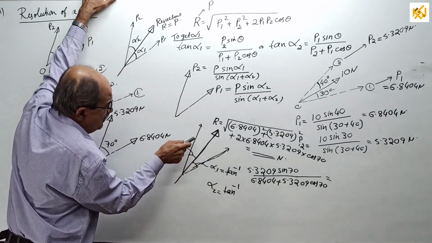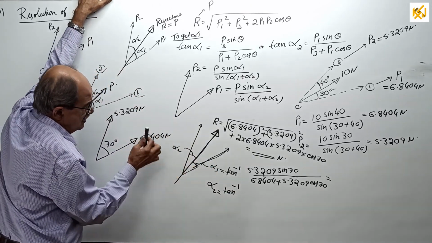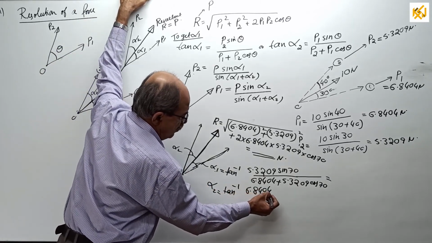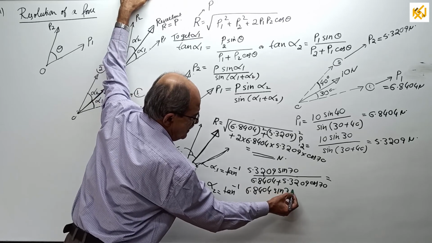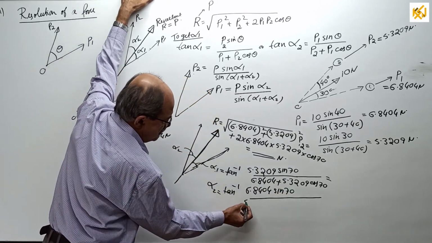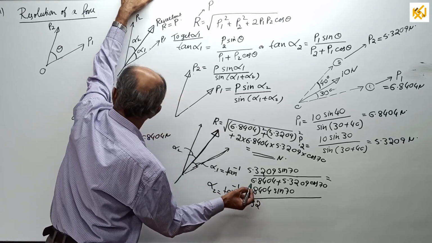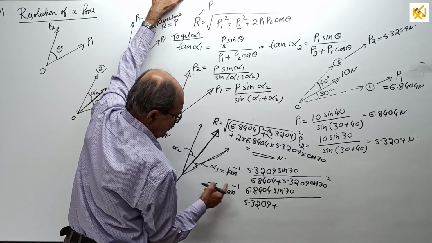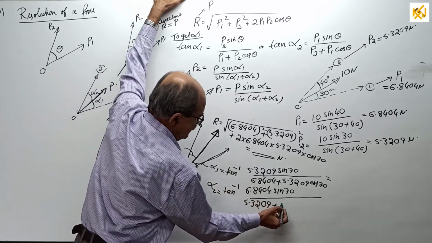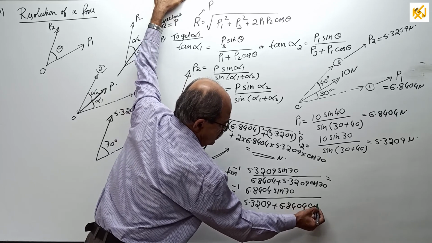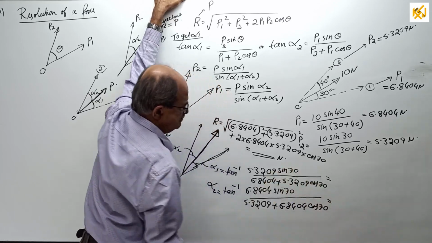When I want the angle with this force, the other force is 6.8404 into sin 70, divided by this force 5.3209 plus, once again, the other force 6.8404 into cos 70. This is the answer.